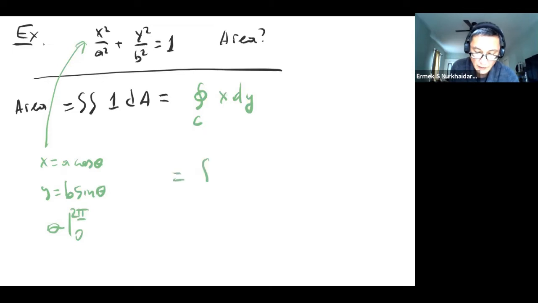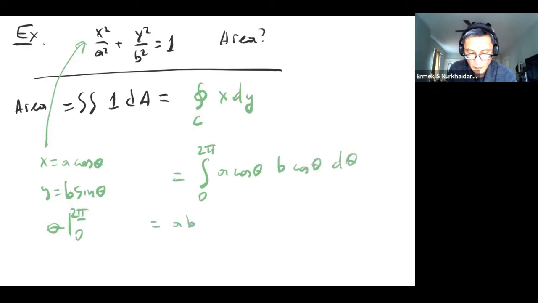We're going to get integral 0 to 2 pi. x is a cosine theta. y is b sine theta, so dy is b cosine theta d theta. So we're going to get ab integral 0 to 2 pi of cosine squared theta d theta.